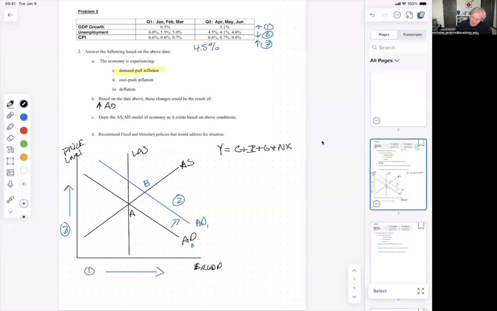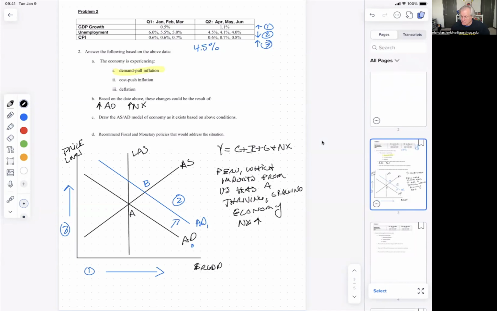So let's just take an easy one. Let's say that Peru, which imports from the US, that makes it our export, has a thriving, growing economy. That would cause exports to go up, and if exports go up, so does aggregate demand.